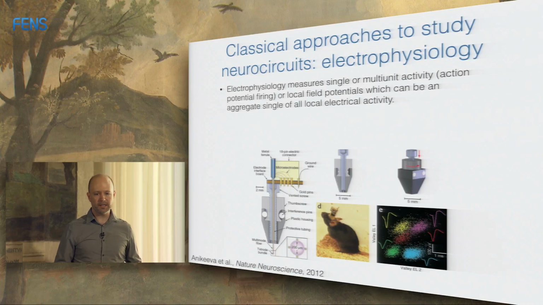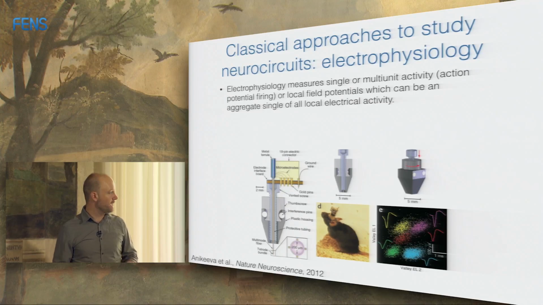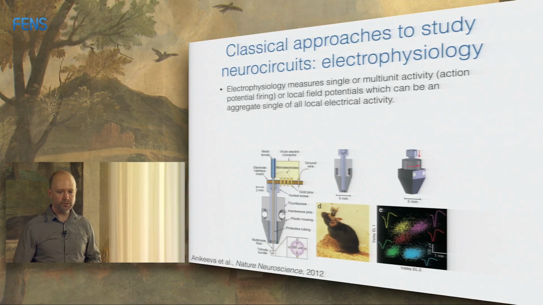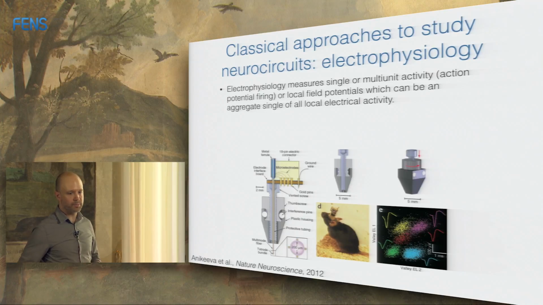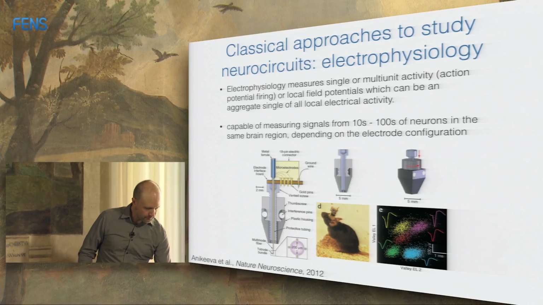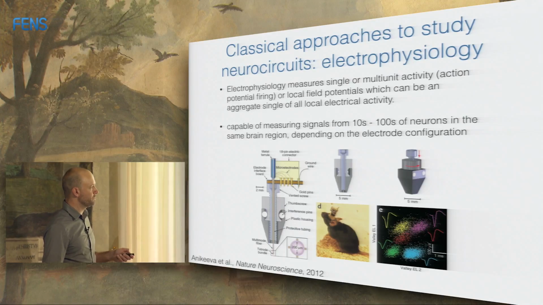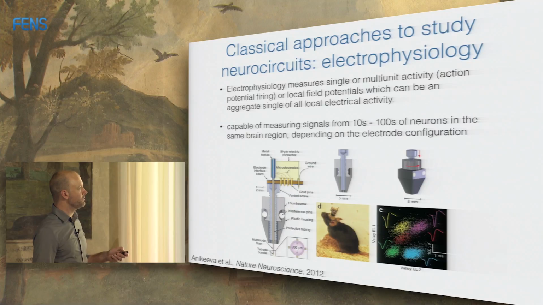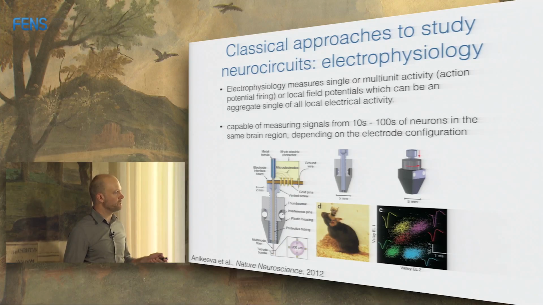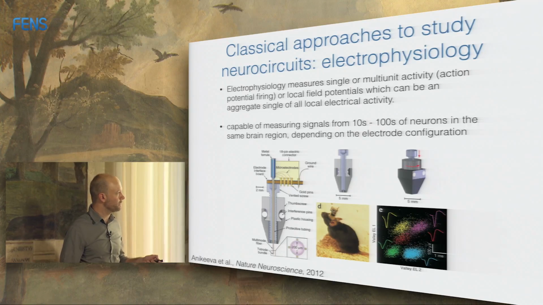Obviously this allows us to measure single or multi-unit activity, so these are action potentials within given neurons, or local field potentials, which can be thought of as an aggregate signal of all electrical activity within the brain. Within the context of in vivo recordings, so recordings in the intact brain or in behaving animals, this allows us to resolve how individual neurons may be encoding particular stimuli or behaviorally relevant events. There are many very advanced ways you can do this with drivable electrodes, high-density recording arrays, etc. Essentially, this allows us to measure signals typically from tens to hundreds of neurons within the same brain region, depending on the electrode configurations used and the brain region you're recording in.